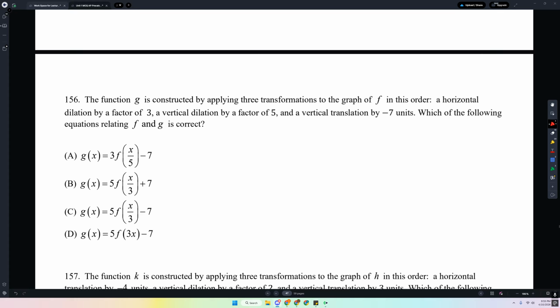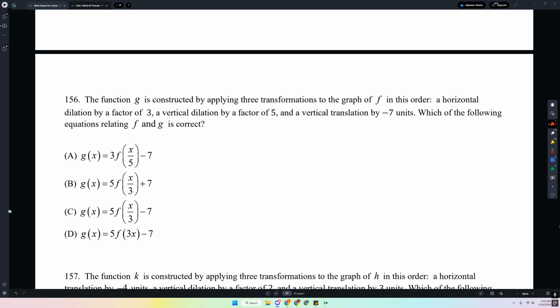Okay, we got two answers. Let's see if we got one more. Okay, one person typing. The person stopped typing, so I guess they're not going to attempt.